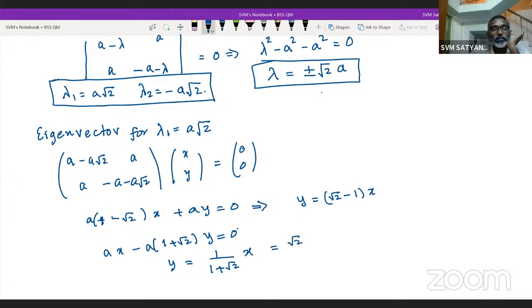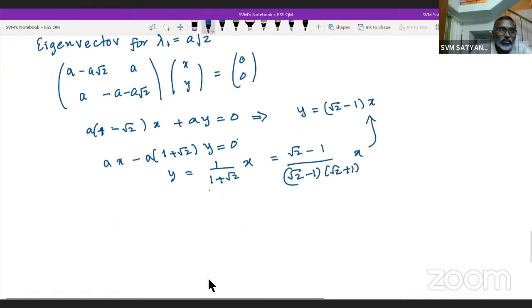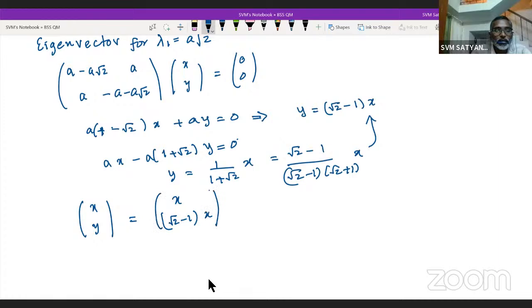You can write this as (root 2 minus 1) divided by (root 2 minus 1)(root 2 plus 1) into x, which is the same as this. So there is no new information from the second relation. So your x and y can now be written as x and (root 2 minus 1) into x.